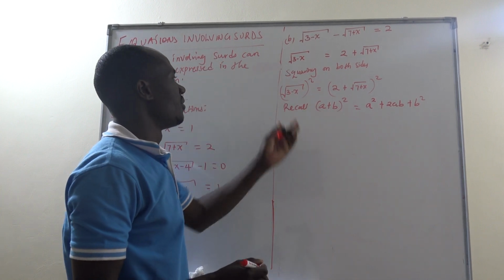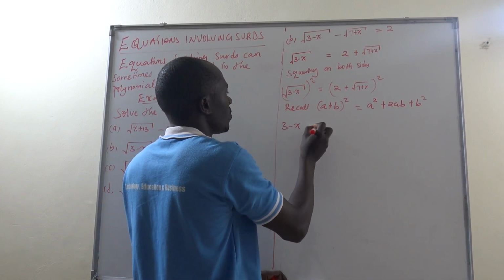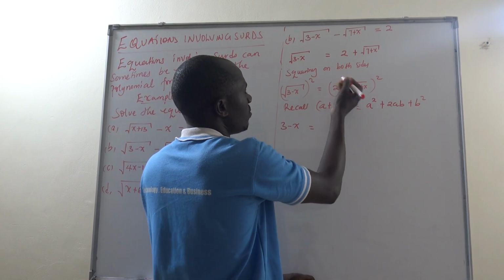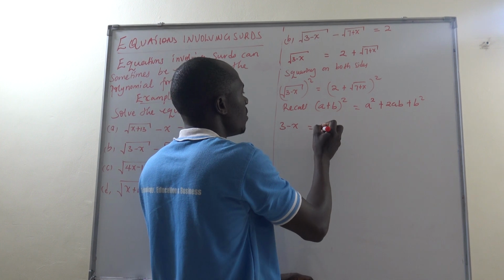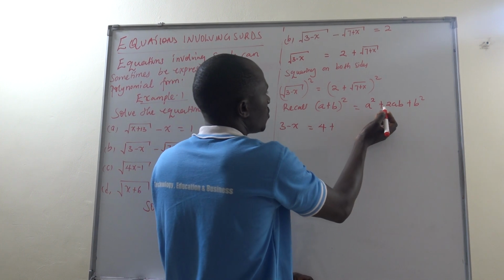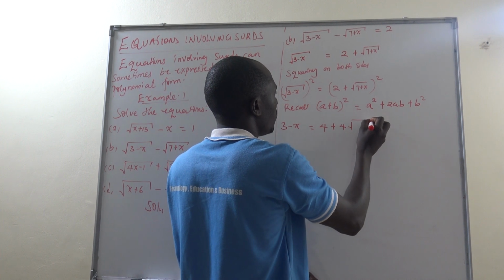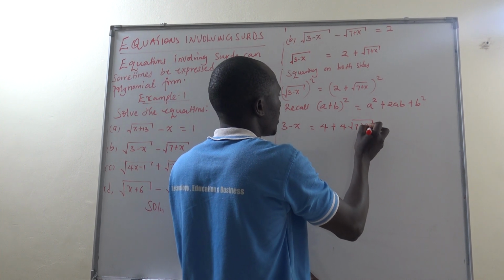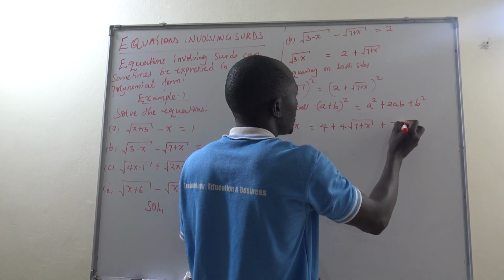So when you square this one, I'm remaining with 3 minus x equals, when you expand using this idea, 2 squared you are coming out with 4, plus 2 times 2, I'm getting 4 root of 7 plus x, then plus the whole of that one squared, you're getting 7 plus x.